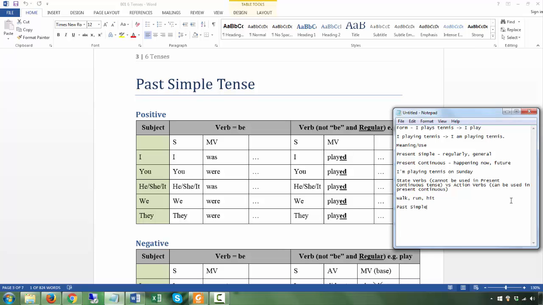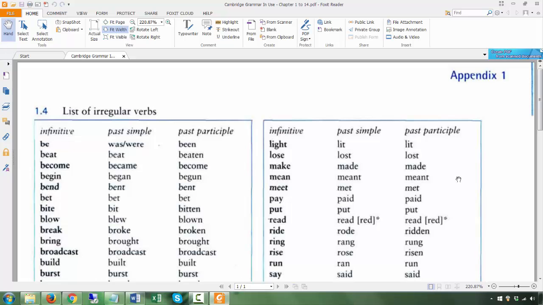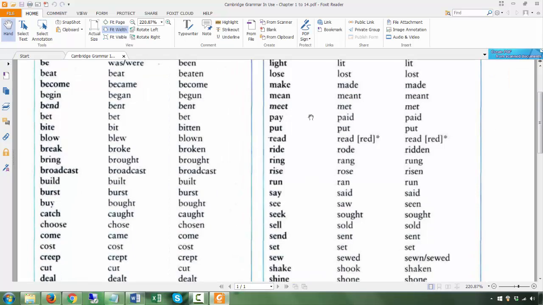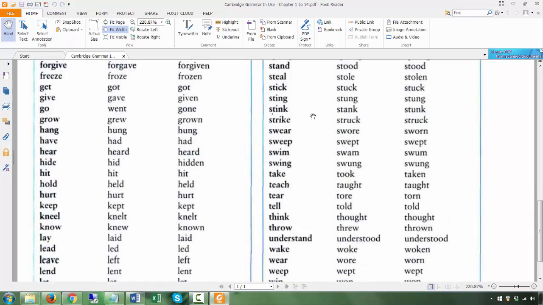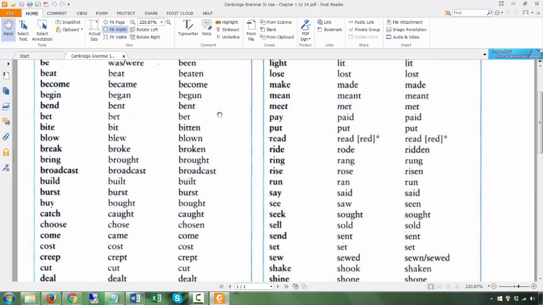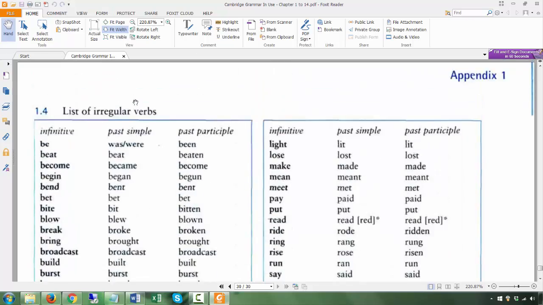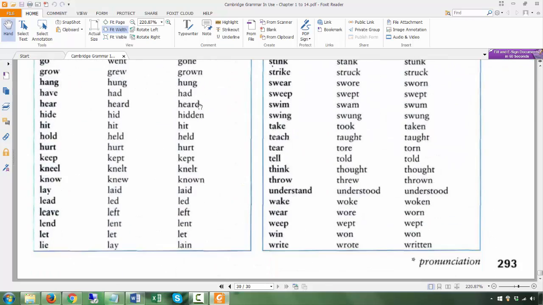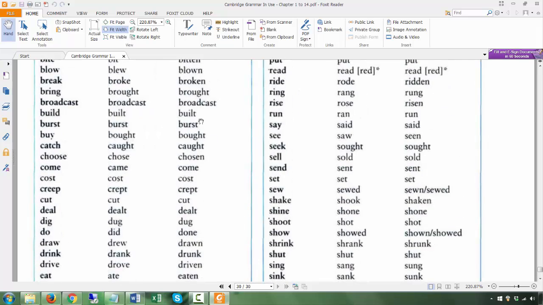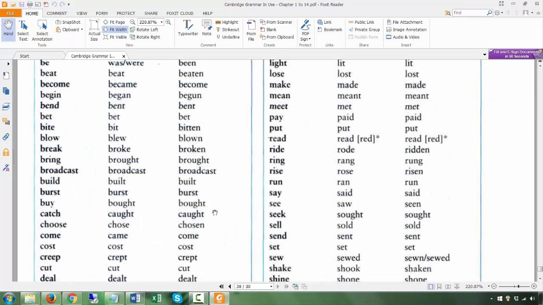Past simple, let me show you this table. All right, I've added this list of irregular verbs to the end of this PDF.